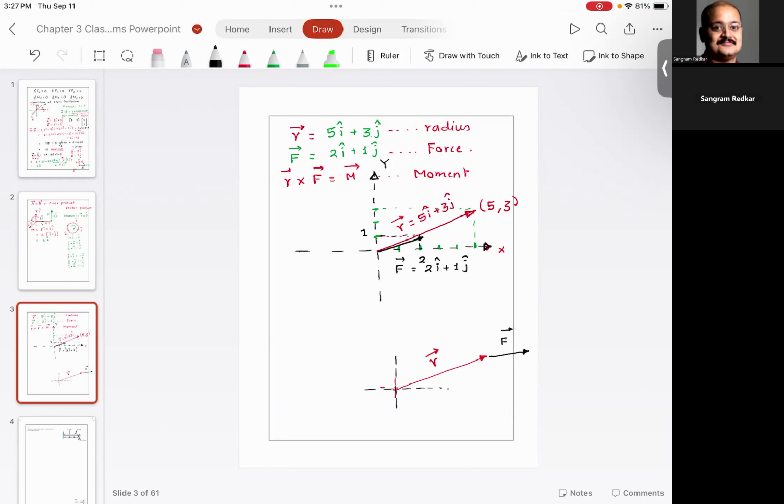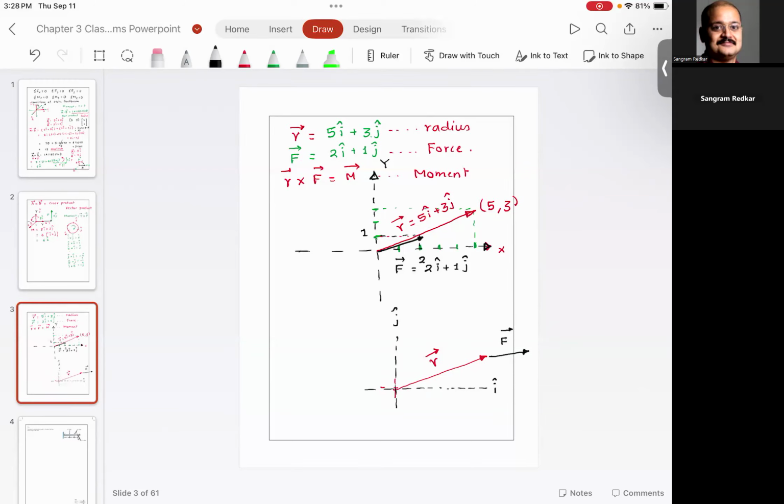But what I can do is, I have this vector R. I can represent this into a consistent coordinate system I, and I can represent this in a consistent coordinate system J. In other words, I can resolve the vector R along I, and along J. Do you agree with me?